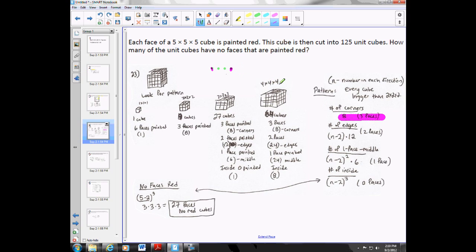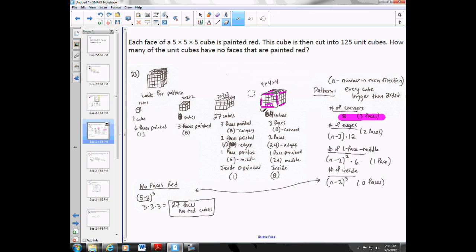So like in a 4 by 4 by 4, it's 2 less than 4, which is 2, and then you have to multiply it. There's going to be 12 opportunities for it because you have an edge here, 1 edge, 2, 3, 4, 5, 6, 7, 8, and then 4 edges on the back, so there's 12. So that's why it's n minus 2 times 12.